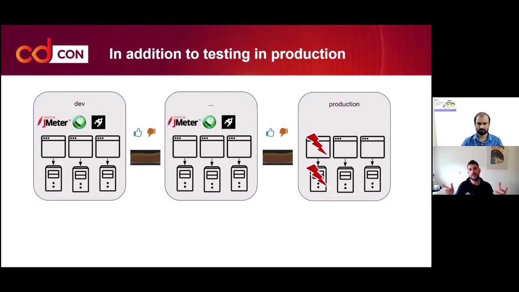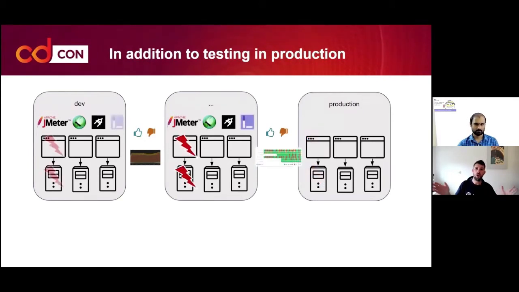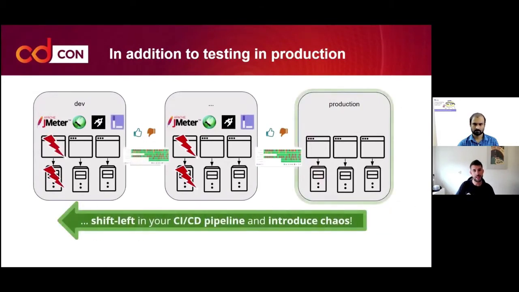And the idea of today's talk is to use those unforeseen issues and troubles we are facing in production and introduce them already early on in previous environments, shifting left by introducing chaos in early stages to be able to evaluate the resilience of our applications.